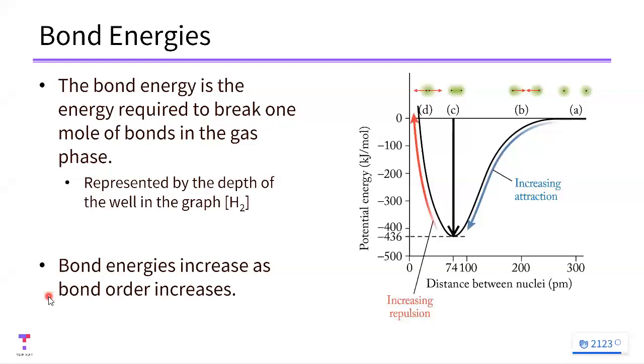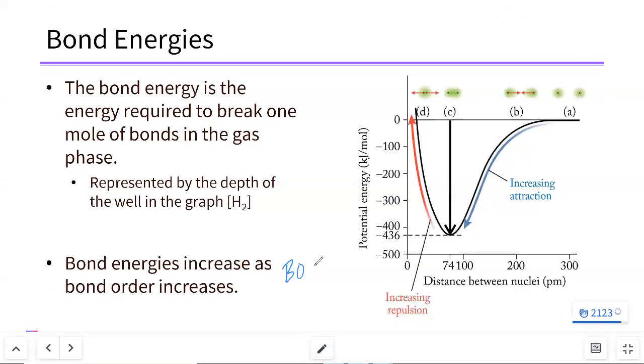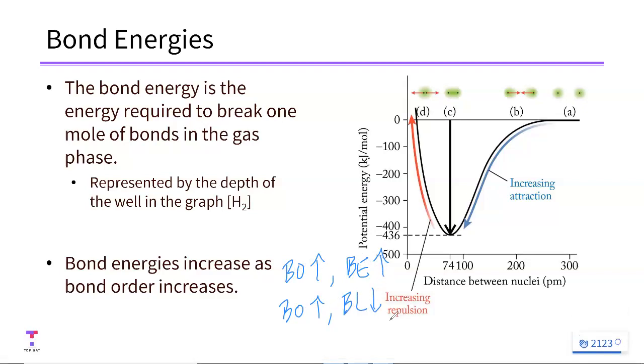Well, put those two terms next to each other. Bond order goes up, bond energy goes up. Bond order goes up, bond length goes down. Well, if these two terms are equivalent and these two terms are equivalent, these two terms are equivalent.